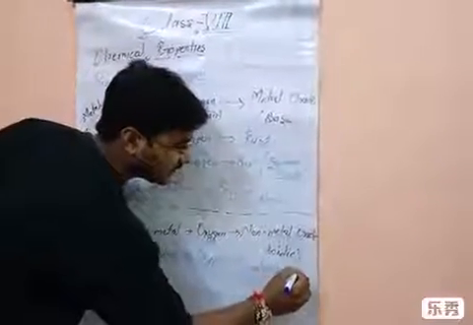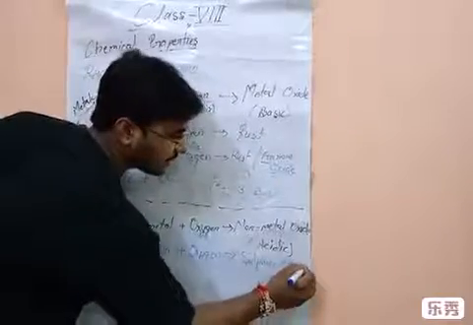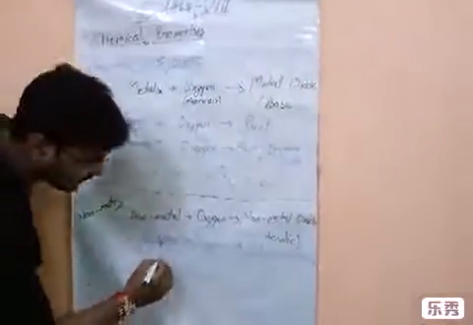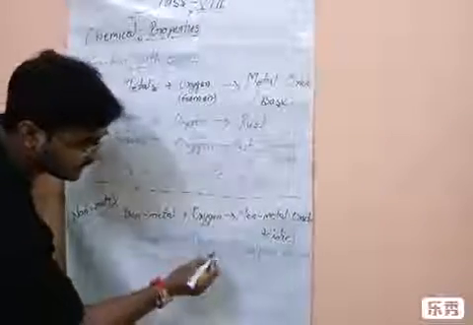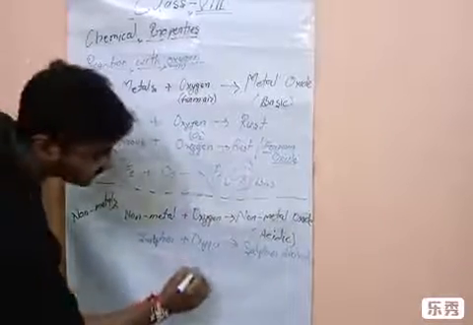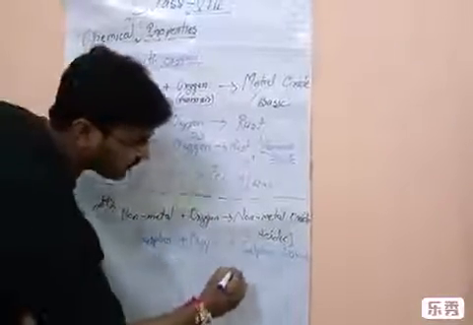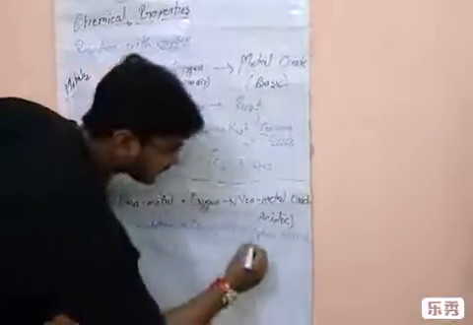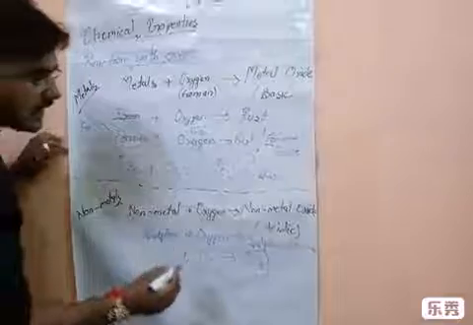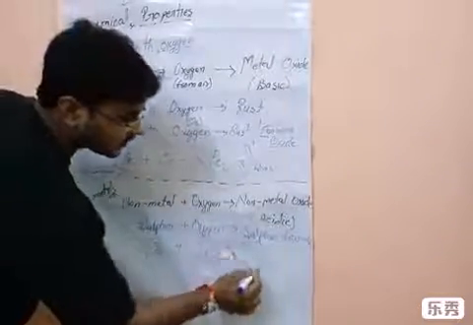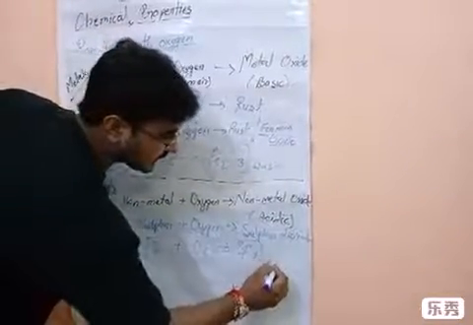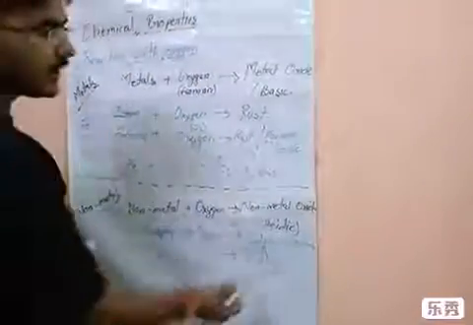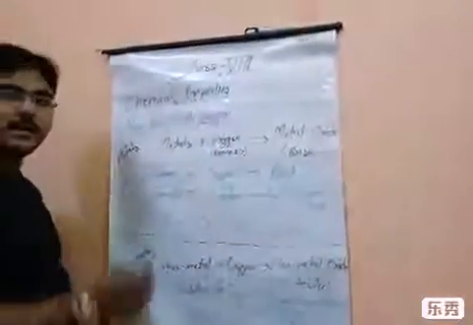The symbolic representation: sulfur is denoted by S, oxygen as O2, and it will form SO2. After this reaction, this solution will be acidic. SO2, or sulfur dioxide, is acidic in nature.